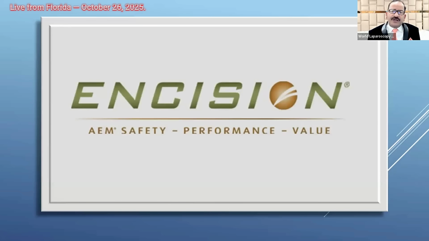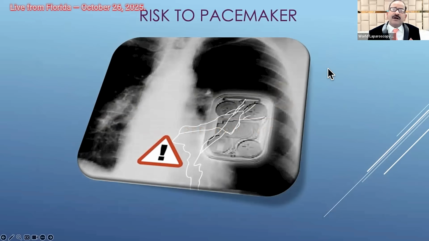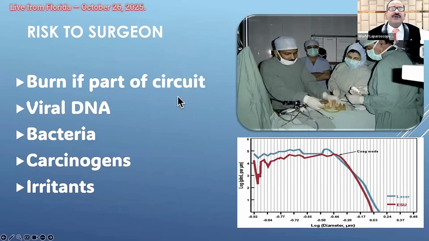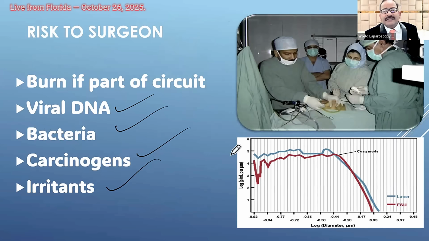Now, we should also take care that we should not apply monopolar, especially when the patient has a pacemaker, because it can affect the programming of the pacemaker. We are also at danger, because we can burn ourselves if we are a part of the circuit, or if your gloves are broken, your hand can burn. In the smoke of the abdominal cavity, once we use electrosurgery, viral DNA, bacteria, carcinogenic material, and irritants are available.